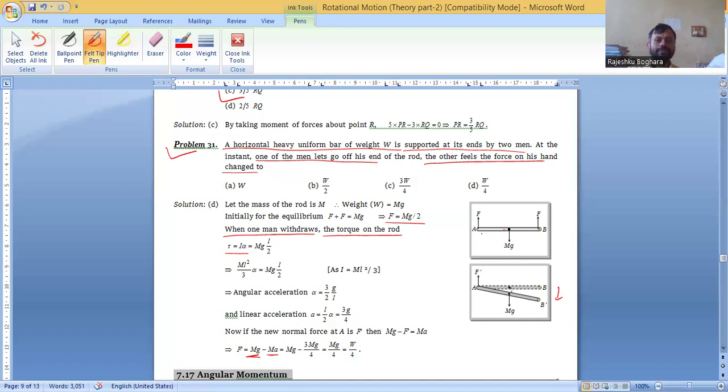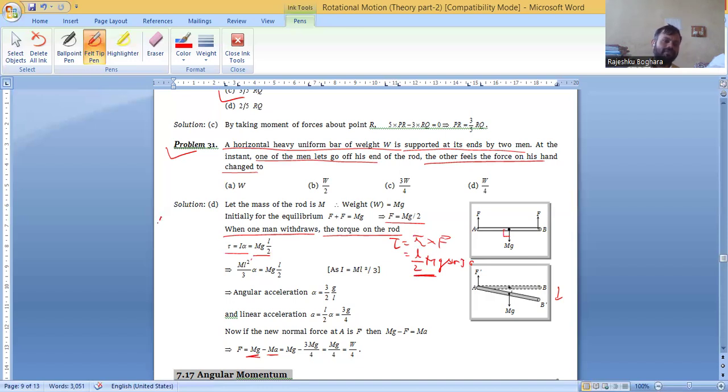So torque equal to L by 2 into mg because angle between them is 90. तो R की जगह पर L by 2 है और mg है. तो टॉर्क की फॉर्मूला आती है हमारे पास R क्रॉस F. RF sin 90, R की जगह पर L by 2, F equal to mg, sin 90, तो torque equal to mg L by 2.